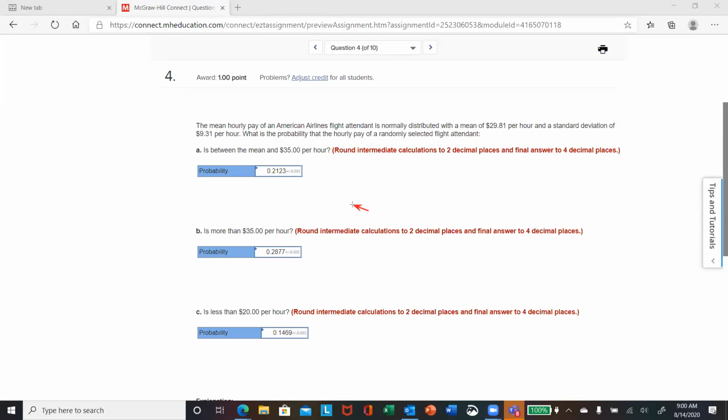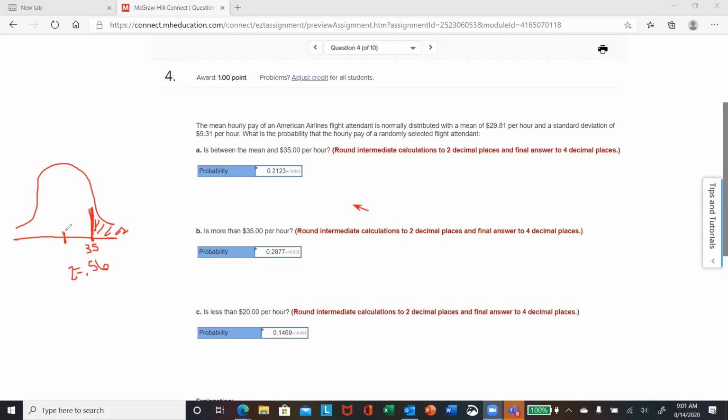So, all right, let's check out part B. On part B, they want more than 35. We just calculated that. Again, here we are at the mean, and of course we had $35. They want you to go to the right of the curve, and we already figured out the z-value is 0.56.